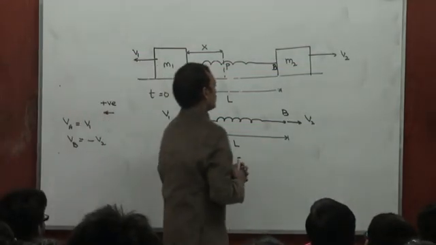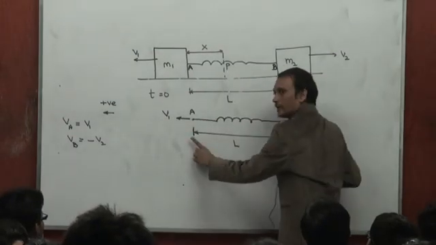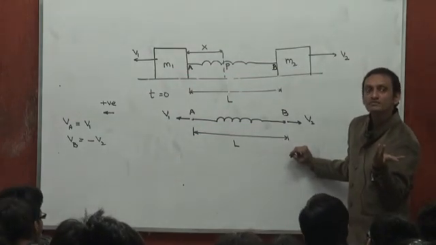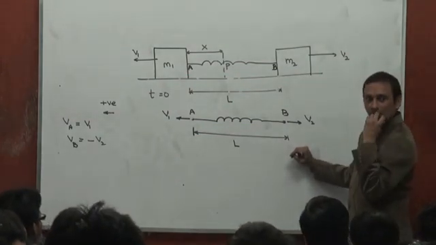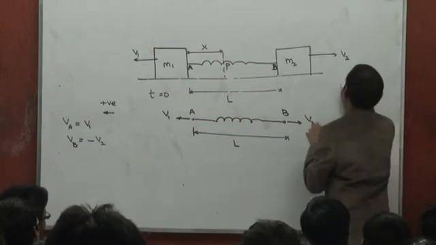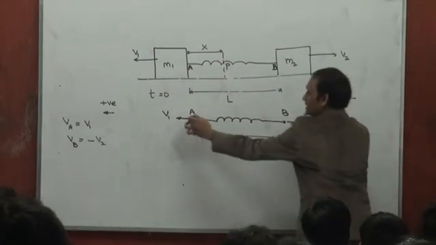Now, over a length L, the change in velocity is V1 plus V2. Do you realize that?